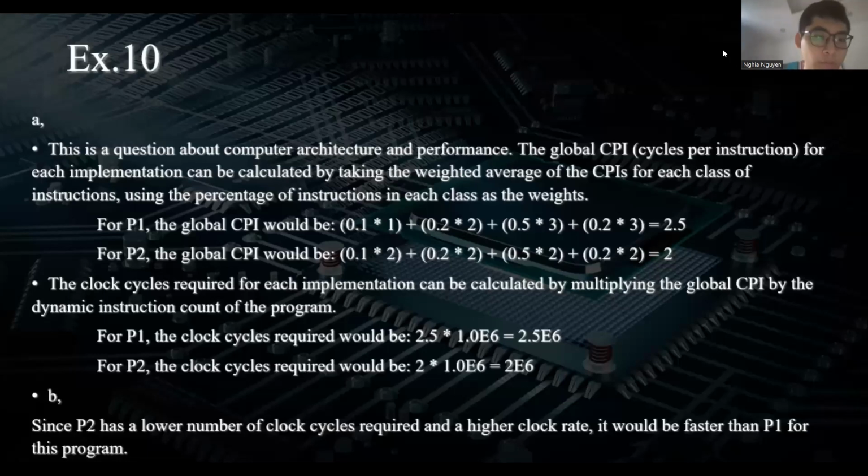So let's start with exercise 10. This is a question about computer architecture and performance.